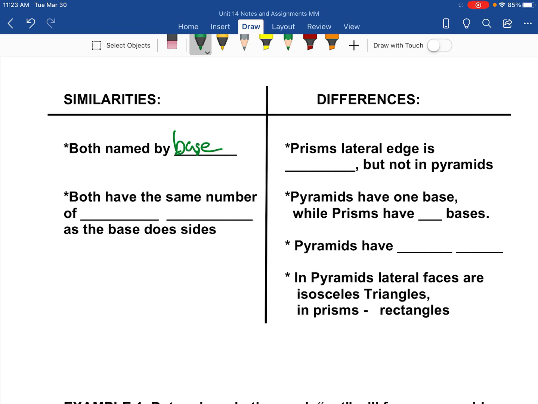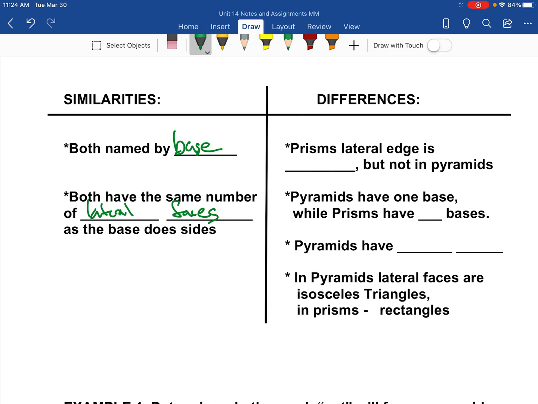Both have the same number of lateral faces as the base has sides. However many sides the base has, that's how many lateral faces there are. That's pretty much where the similarities end, other than they're both three-dimensional.